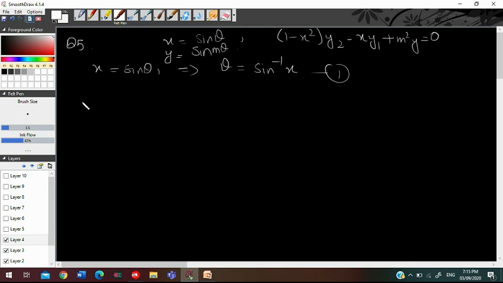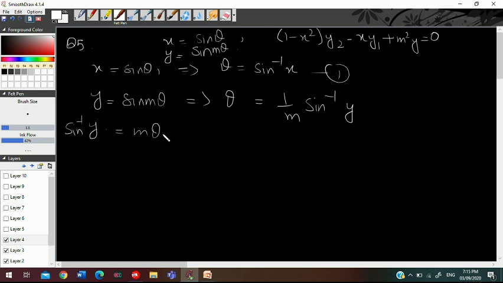Okay, now for y equal to sine m theta, again if we find the value, we get sine inverse of y is equal to m theta, and then 1 by m sine inverse of y is equal to theta. That's why I have written this.